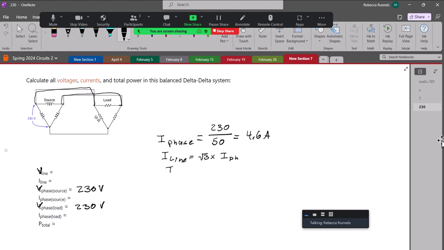And so our line current is going to be the square root of 3 times 4.6 amps, which is 7.967 amps. So this was 4.6. This is 7.967.